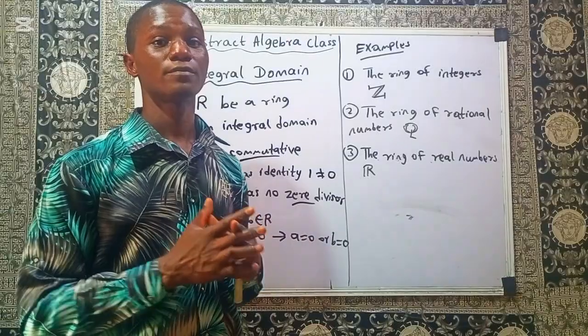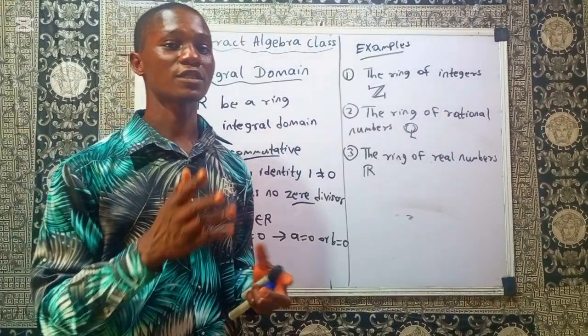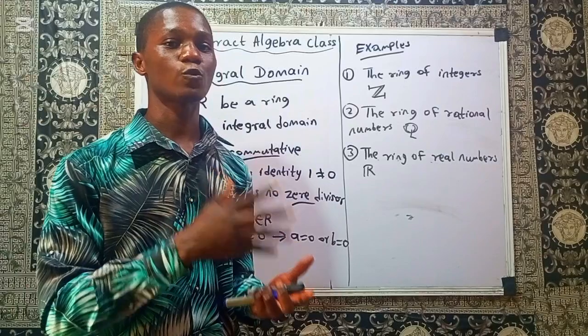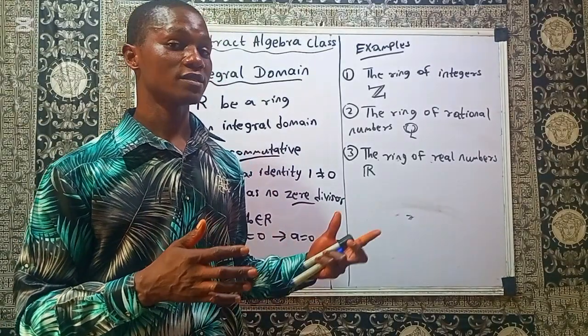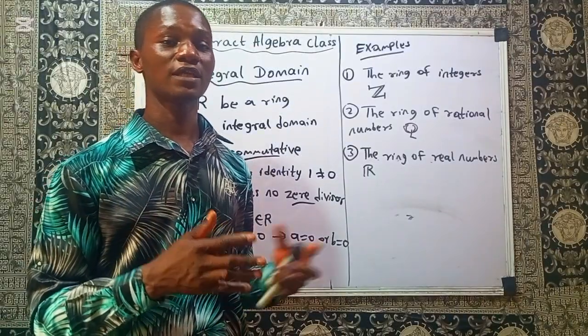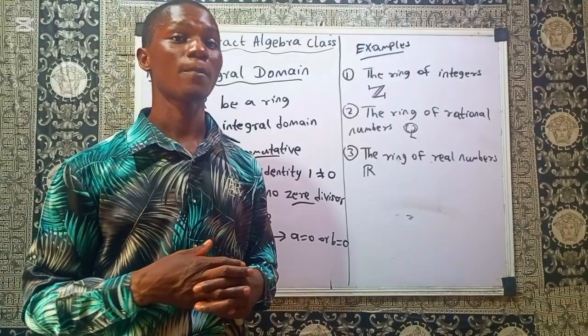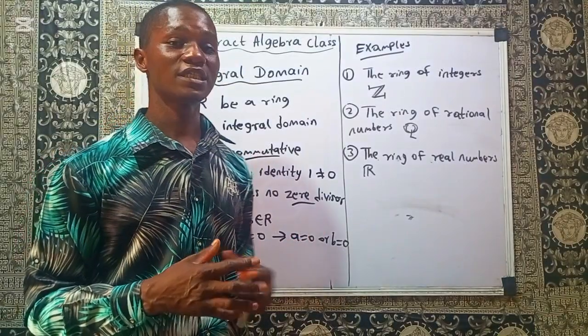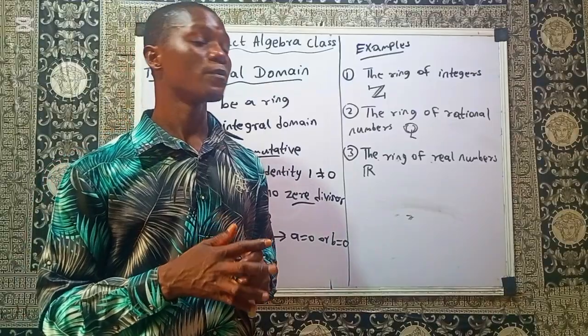So the ring of real numbers is commutative, and we know that the element 1 is in the ring of real numbers. If you do 1 times any element of the real numbers, you get back the same element. So 1 is the multiplicative identity of R, the set of real numbers.